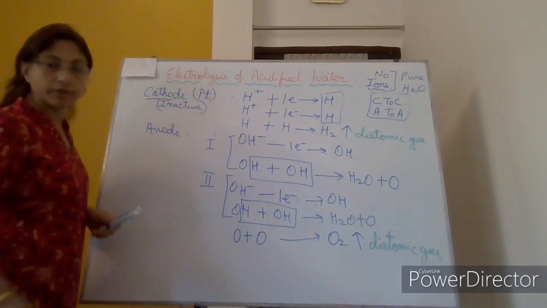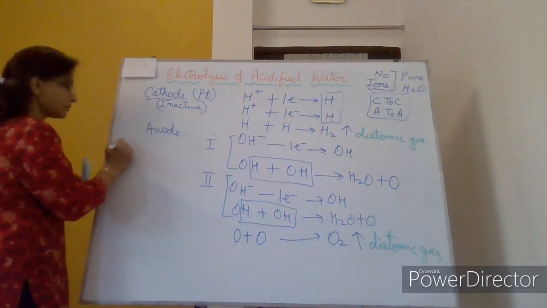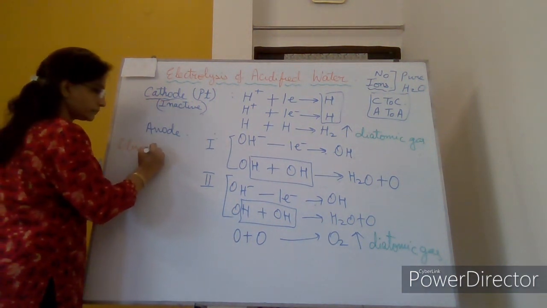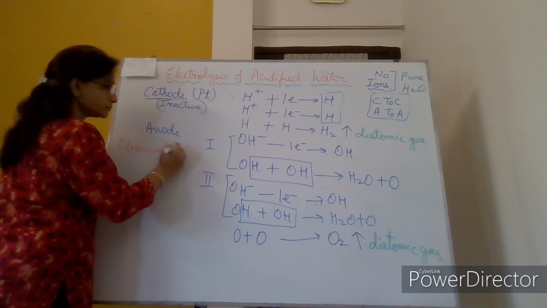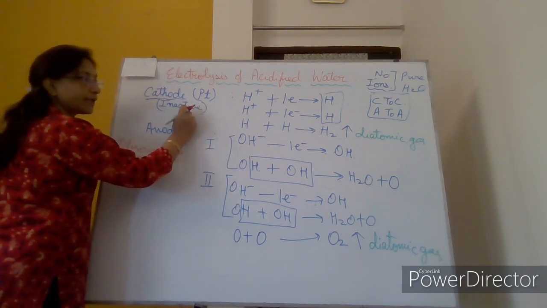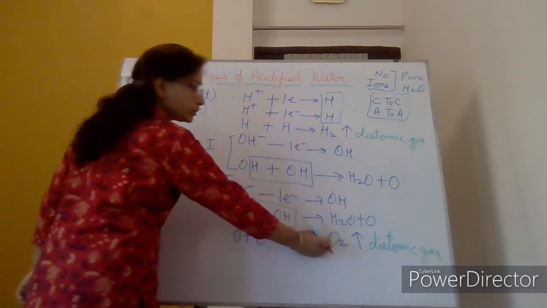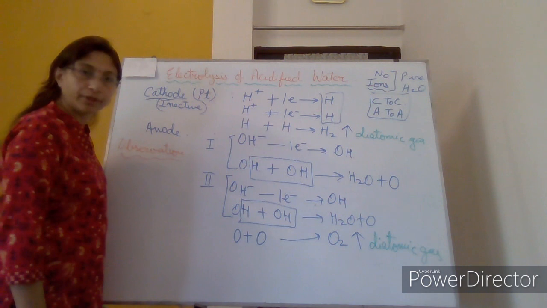In the observation we can write that at cathode, hydrogen gas is getting liberated. At anode, the oxygen gas is getting liberated.